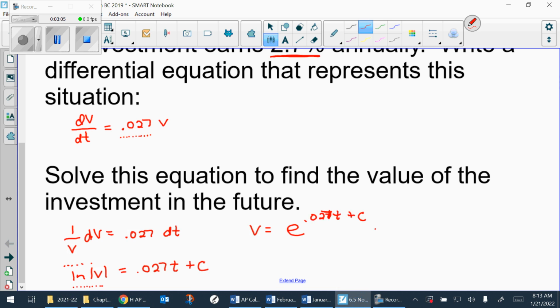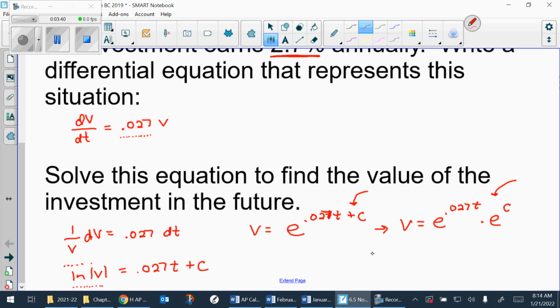Now that could be written as the value is equal to e to the 0.027 t times e to the c. That addition of the exponents means that it could be written as the same base with those two separate exponents. And that's pretty much where we could stop.